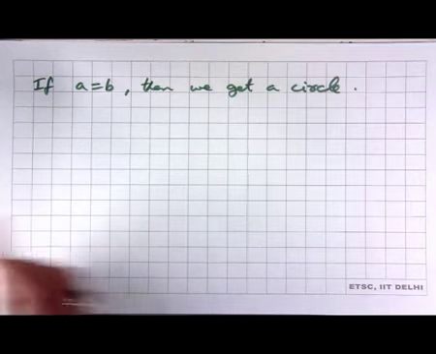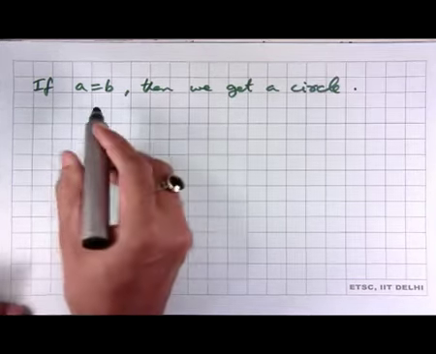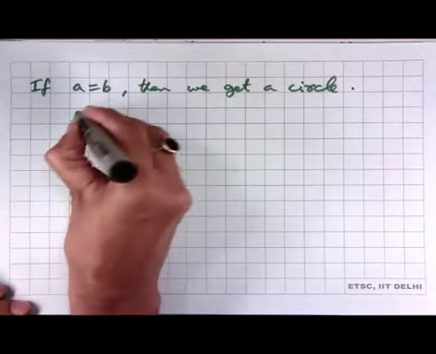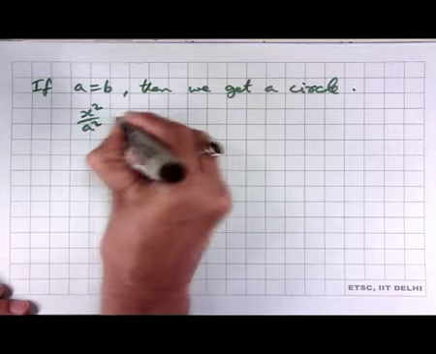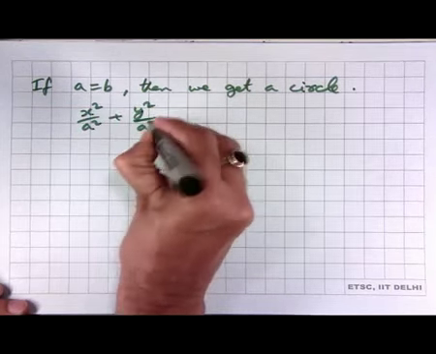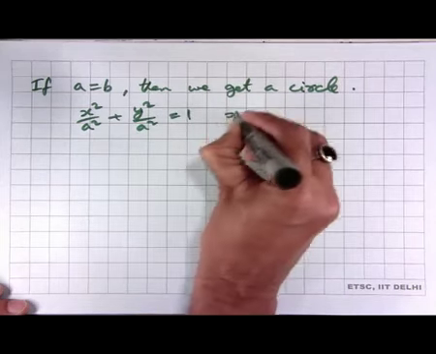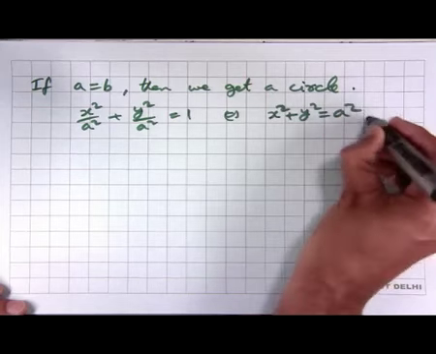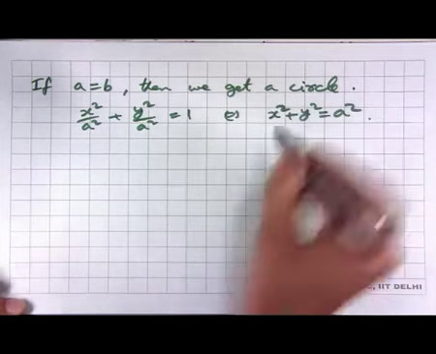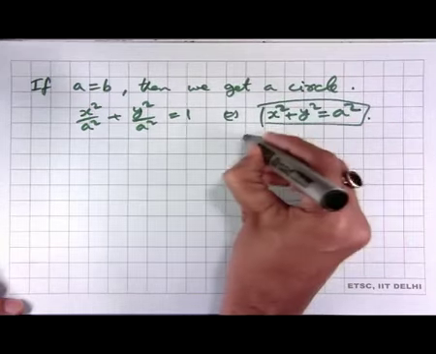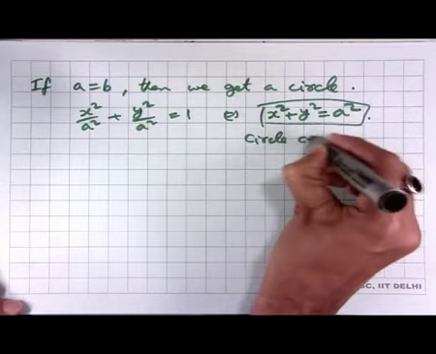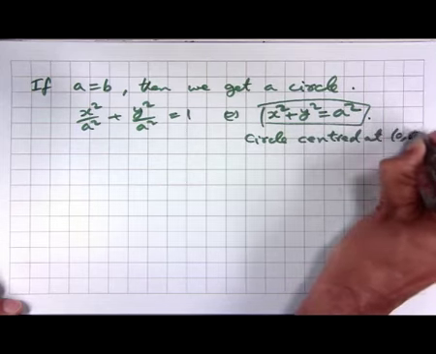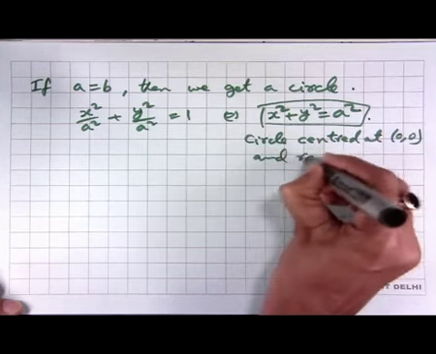So, circle is a special case of ellipse in which the major axis and minor axis are of the same length. So, we will get x square by a square plus y square by a square equal to 1, that is x square plus y square equal to a square. So, this is the circle centered at origin and radius a.